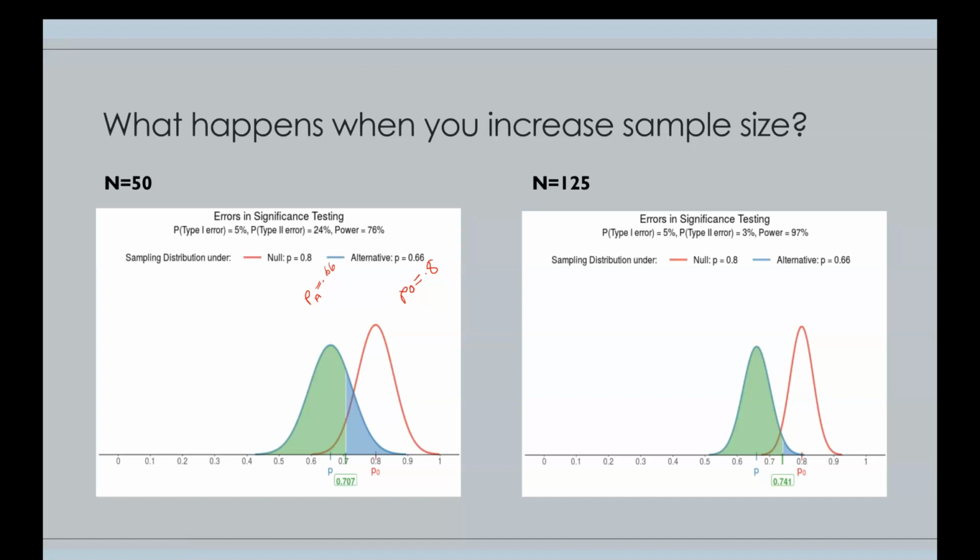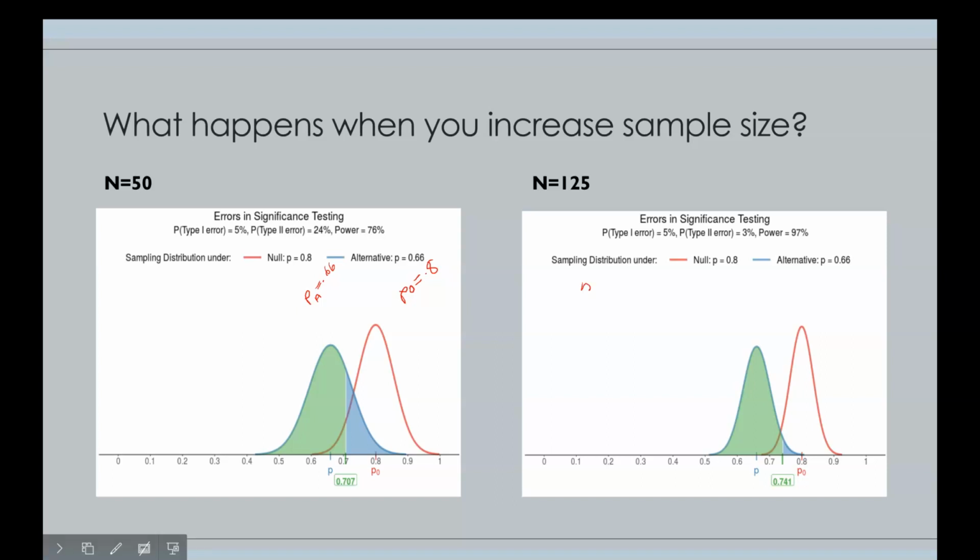And I'm comparing that to when I increase my sample size to now 125. What happens is that when you increase your sample size, it decreases your variation. That means there's less in the tails. So when there's less in the tails, notice how the power has increased.